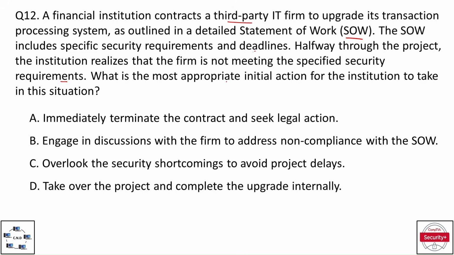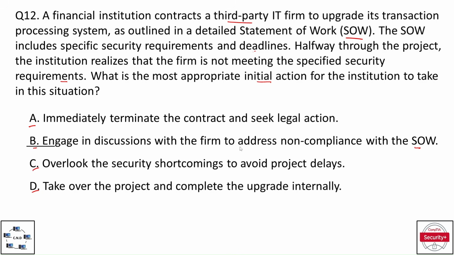What is the most appropriate initial action for the institution to take in this situation? The options are option A, immediately terminate the contract and seek legal action. Option B, engage in discussion with the firm to address non-compliance with the SOW. Option C, overlook the security shortcomings to avoid project delays. And option D, take over the project and complete the upgrade internally.